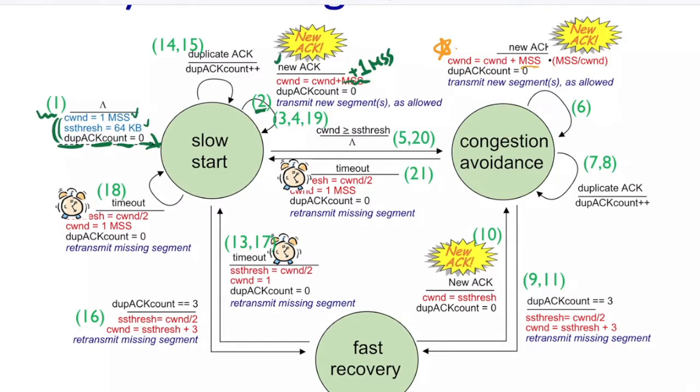And you can continuously receive new ACKs, and if possible, you can transmit new segments as allowed. So that's steps 2, 3, and 4. But eventually, your congestion window will be larger than the initial slow start threshold, right? So at that moment, step number 5, you go to another state named congestion avoidance.